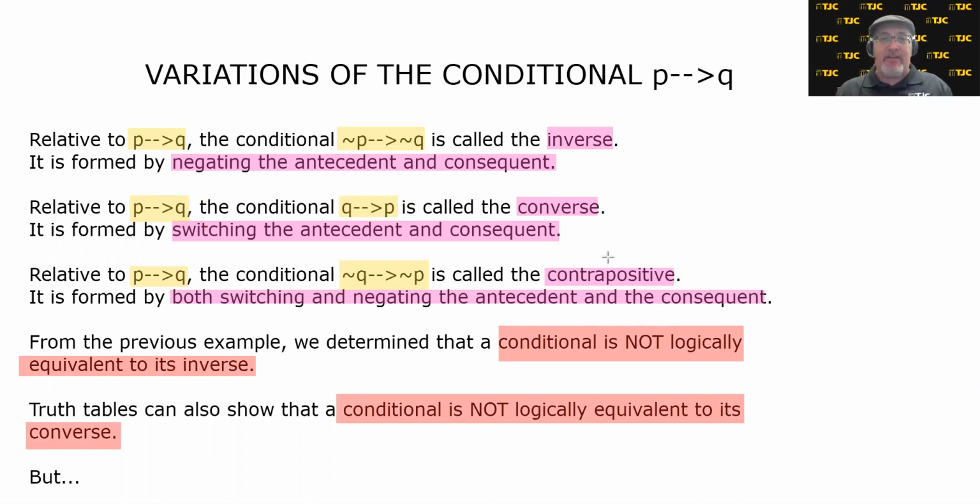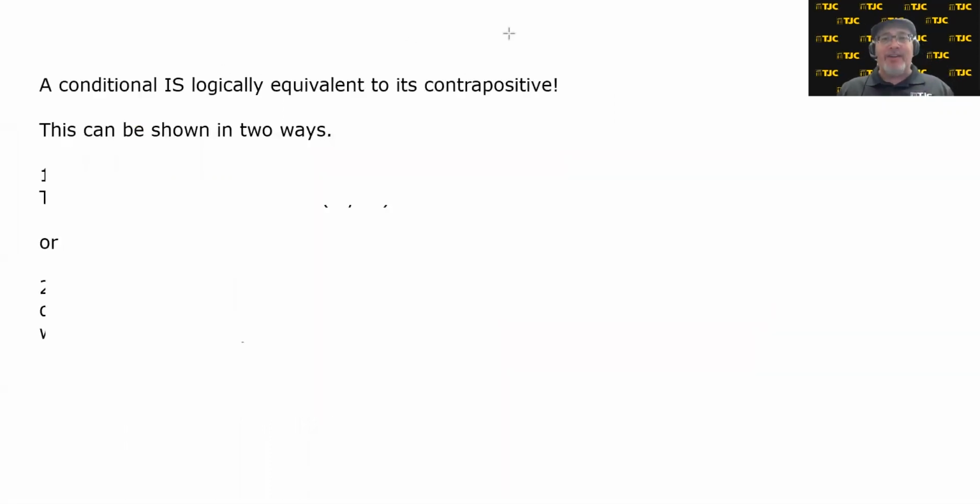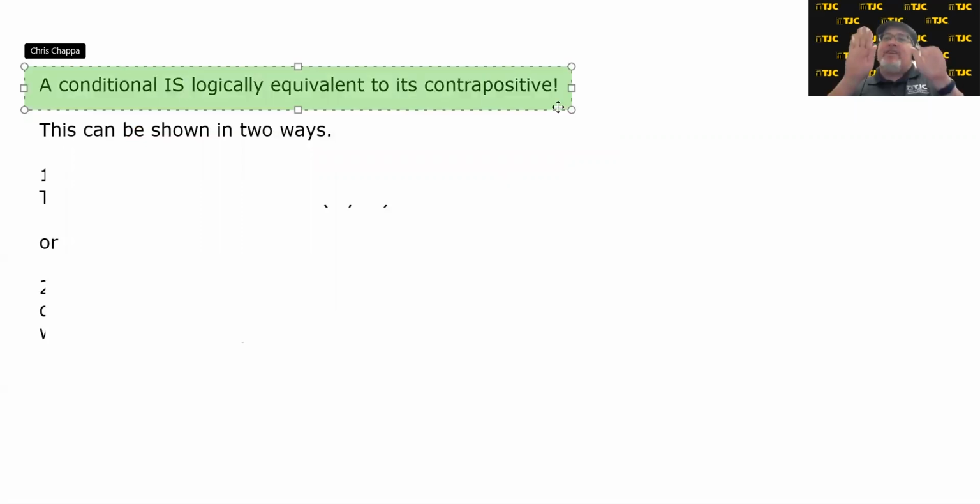And you would see that the conditional is not logically equivalent to its converse. But the conditional is logically equivalent to its contrapositive, which seems really weird. Because if we have an if-then statement and negate both halves, we get a different if-then statement. If we have an if-then statement and switch both halves, we get a different if-then statement.